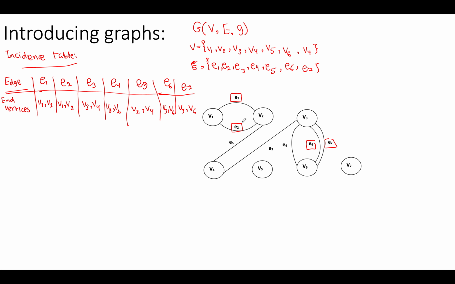Now, what do we call these? E1 and E2 are called parallel edges, since they have the same endpoints. Also here, E6 and E7 are parallel edges.